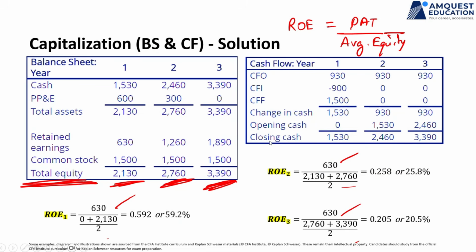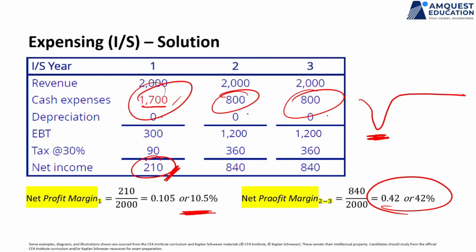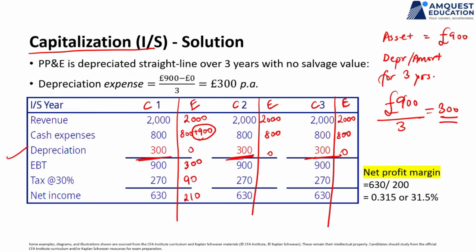So on this slide, you're left with only 210 of profit because you have spent 1,700 here, but no depreciation. In the other case, you had 630 versus 210, capitalized versus expense. In this case, 630, but if you expense, this is 1,200, 360 goes as tax, you're left with 840.